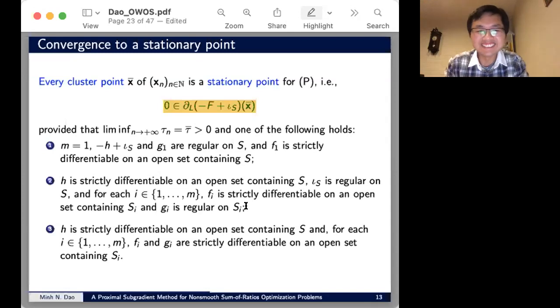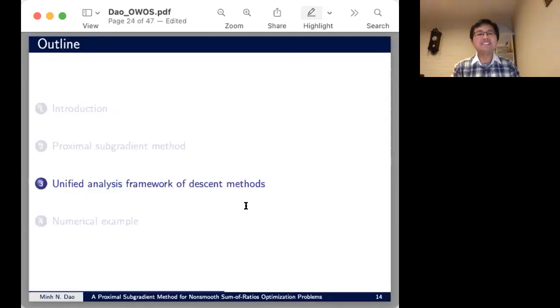Okay, so now we see that our assumption satisfies some subsequential convergence. So a natural question is when we have global convergence of the methods.